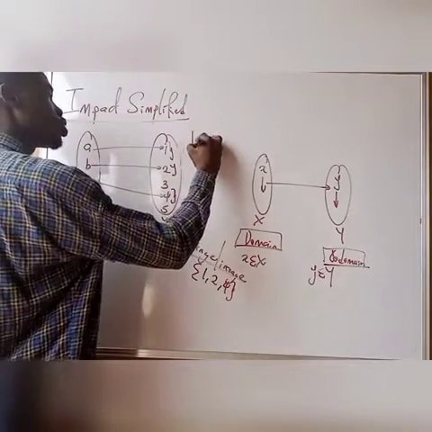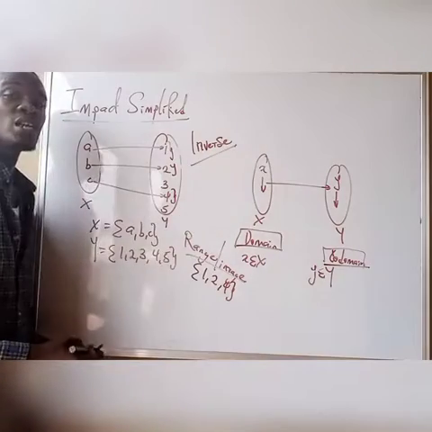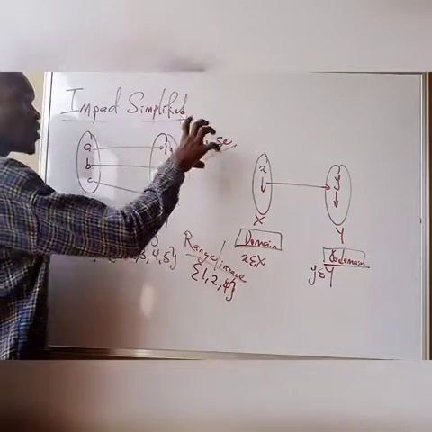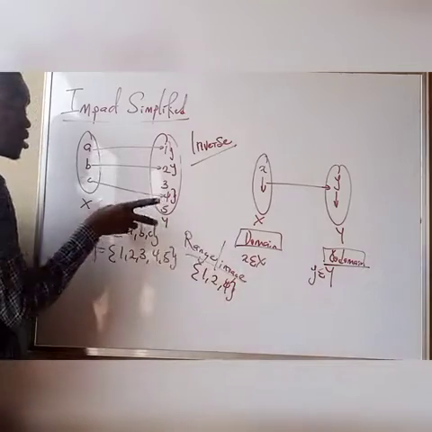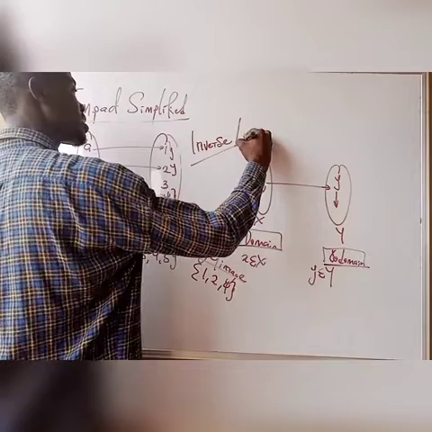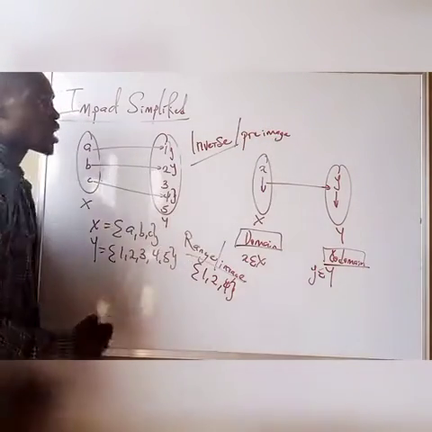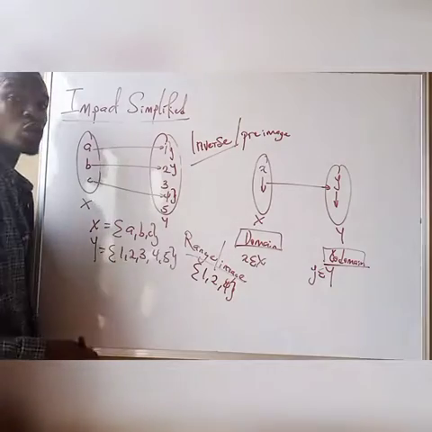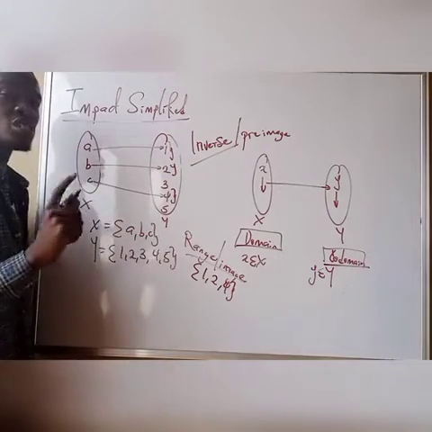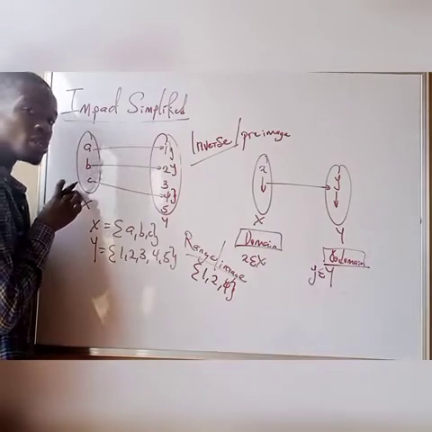Now we need to know the meaning of inverse. They can ask you to find the inverse of a function. The inverse is still the same thing as what we term the pre-image. The inverse or the pre-image is talking about the favorable outcome in the domain.